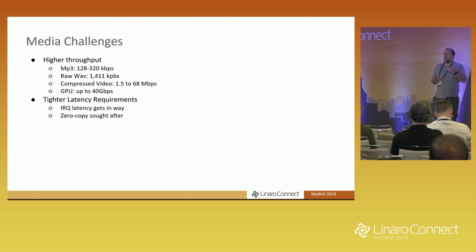IRQ latency can get in the way. You don't want to be doing too many exits as you're queuing all this data up. Zero copy is very much sought after. You want to copy the data out once into a buffer. You don't want to be copying it between each stage, between your guest and the hypervisor and wherever you're doing your host.